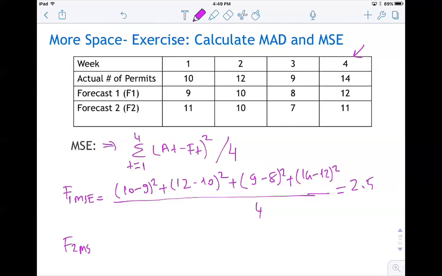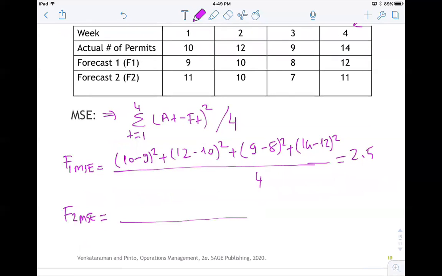And the mean square error value for the second forecast, let's calculate it. 10 minus 11 squared, 12 minus 10 squared, 9 minus 7 squared, and 14 minus 11 squared.